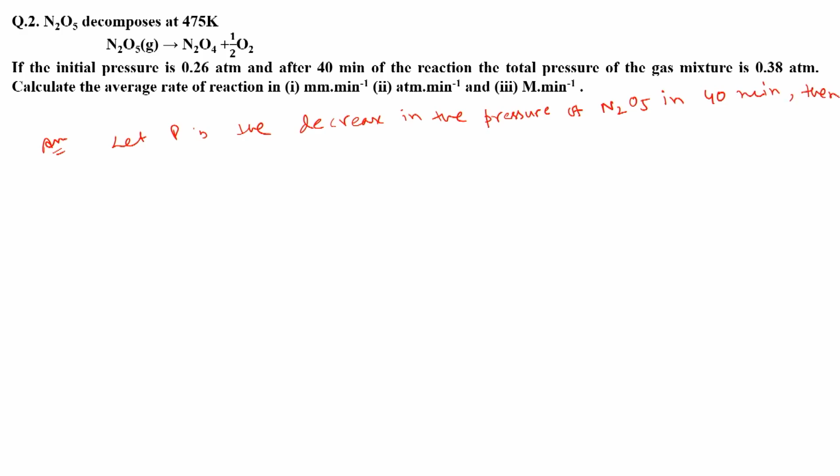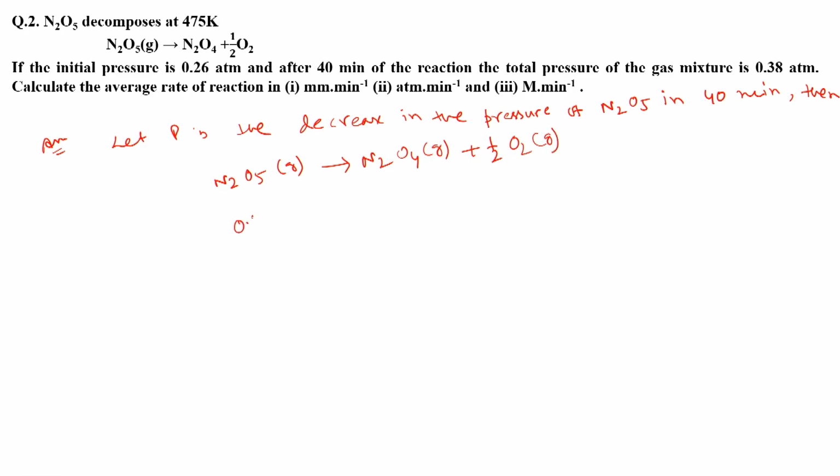Then write N2O5 gas gives N2O4 gas plus half O2 gas.